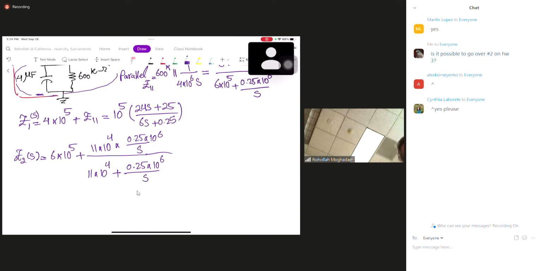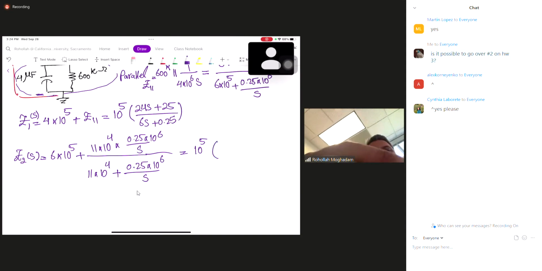If I simplify this, we'll have 10 to the 5 times (66s plus 177.5) over (11s plus 25).